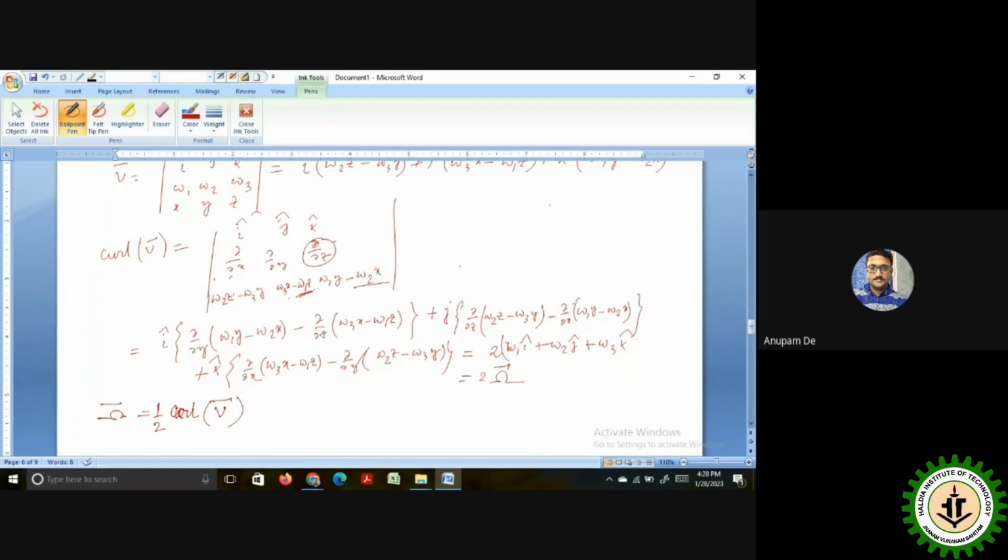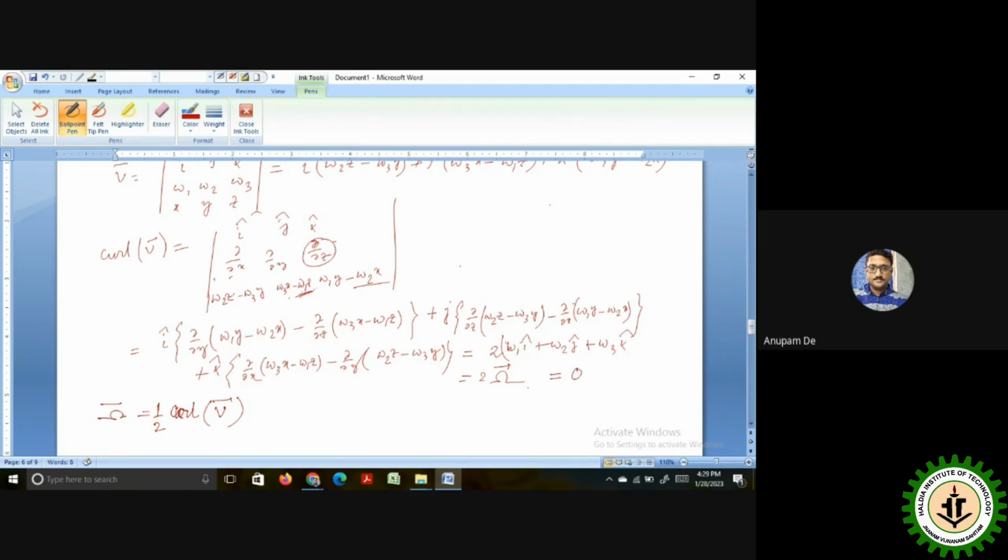Now if there is no angular velocity, that means there is no rotation, right? If there is no angular velocity, there is no rotation, and in that case what will happen?